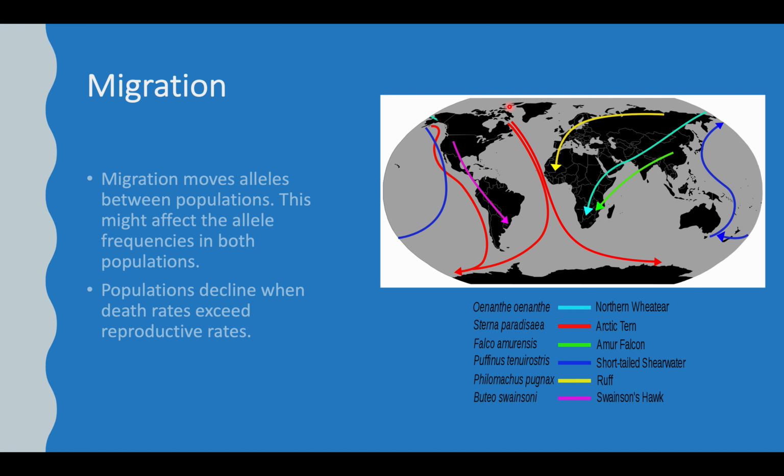And it makes sense that when death rates are extremely high, they will exceed the reproductive rates, so more individuals are dying off than are being born. That's a good example of populations declining, which can happen during migratory processes. But migration will once again move alleles between populations.